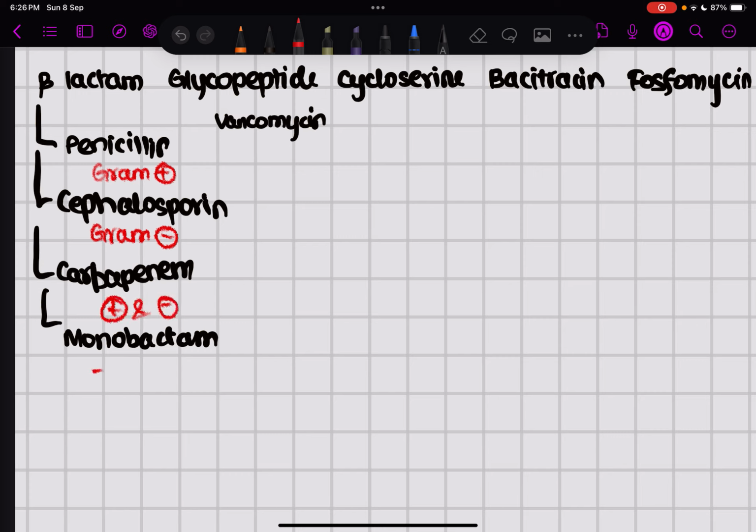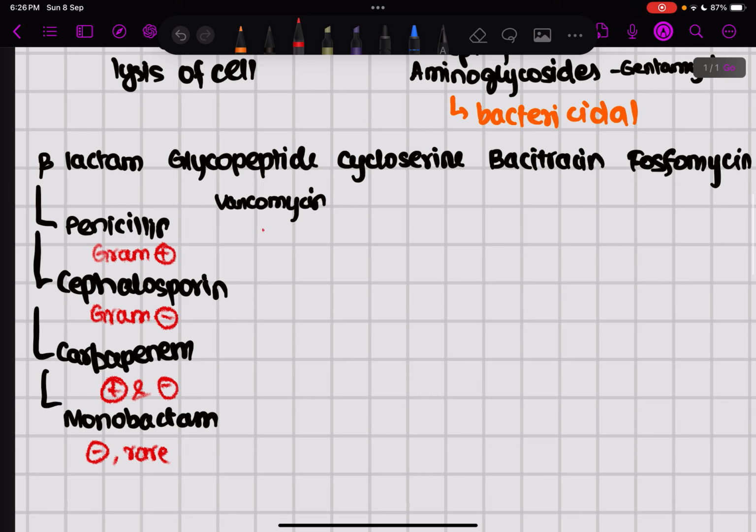Monobactams are negative and rare. Glycopeptides act on resistant organisms. That is, we give penicillins, we give cephalosporins, and if they do not act, we give vancomycin, which is for resistant ones.